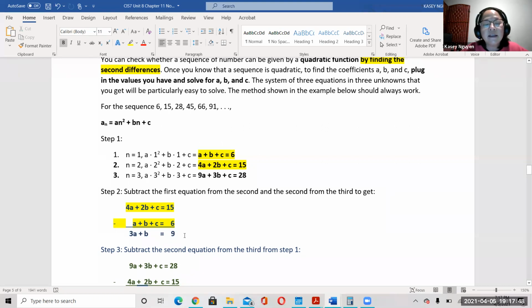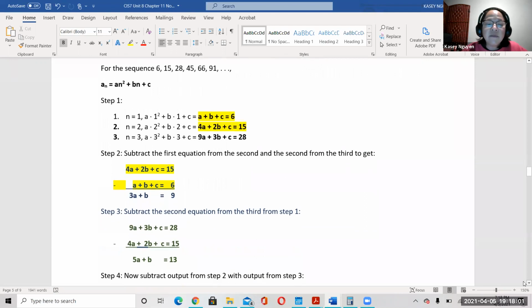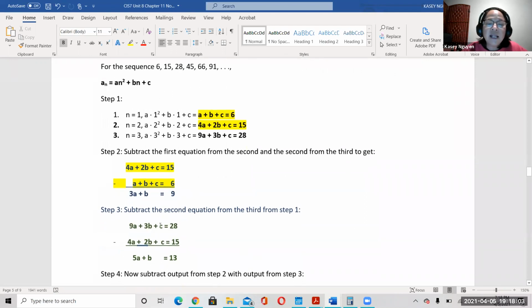Okay. Now I would take these two and find the difference. I would take 9A plus 3B plus C equal 28, subtract the second equation, 4A plus 2B plus C equal 15.